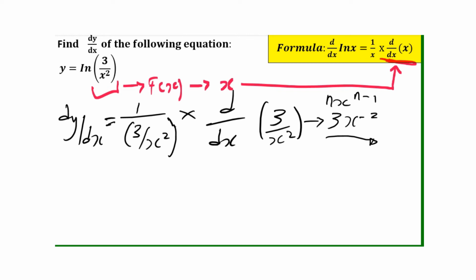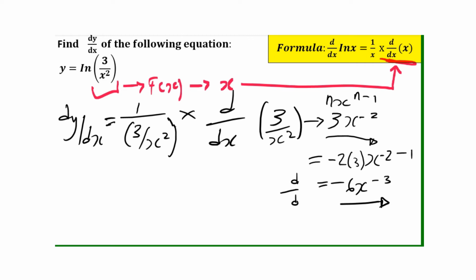So to solve this, you're gonna get minus 2 into 3, where this minus 2 is your n, x to the power of minus 2 minus 1. So you're gonna get minus 6x to the power of minus 3. This is the answer that you're gonna get for your d over dx.